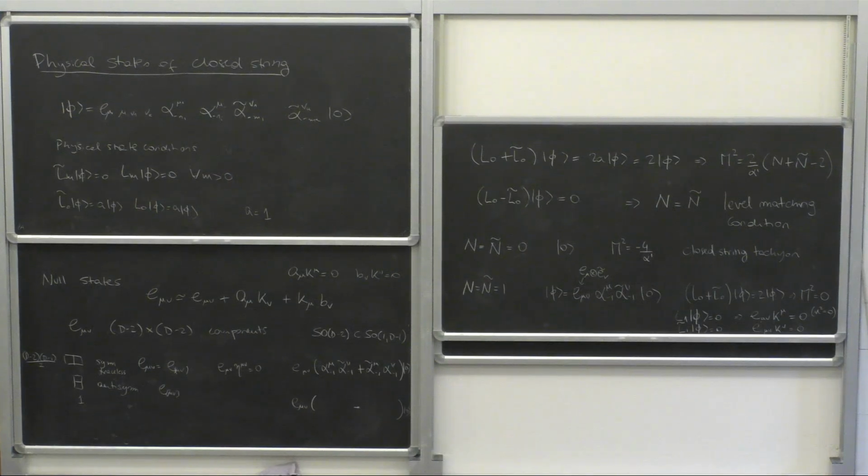Sorry, d minus 2 times d minus 1. Here I have d minus 2 times d minus 3 over 2. And sorry, I forgot the minus 1 because this is symmetric traceless, and this is a 1.